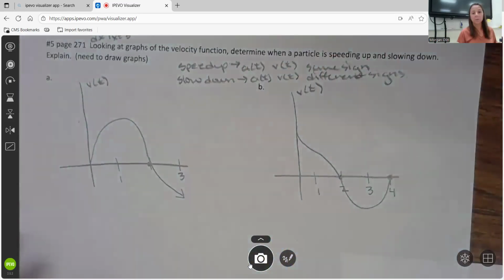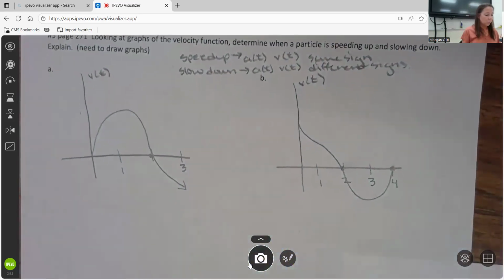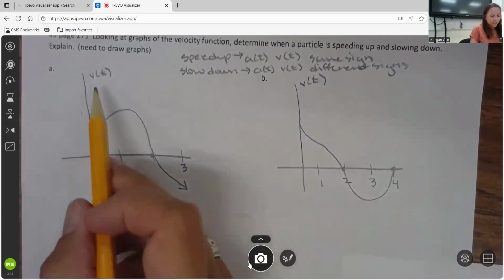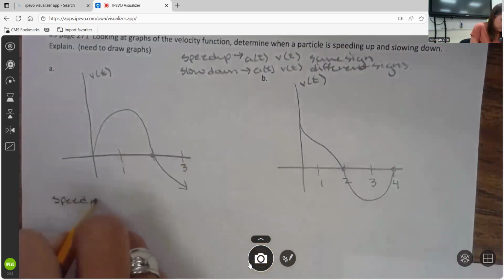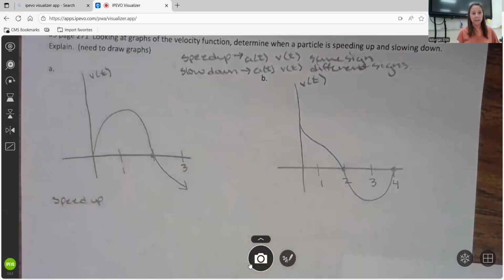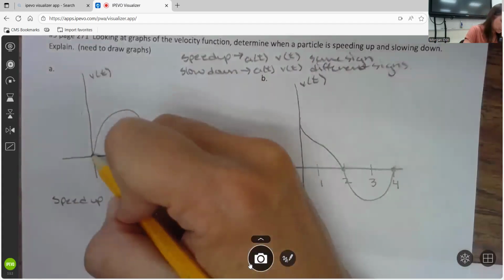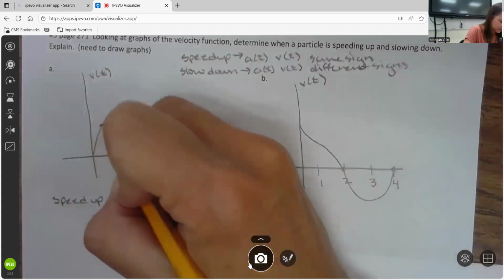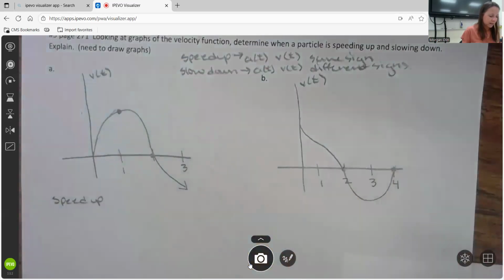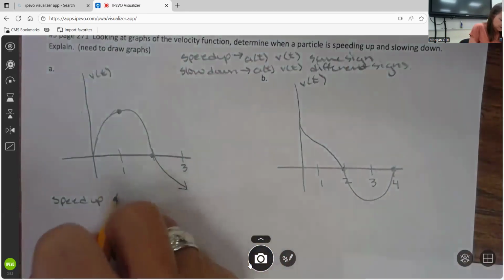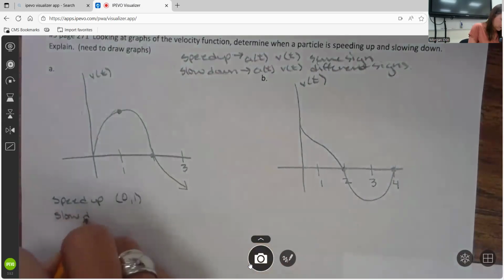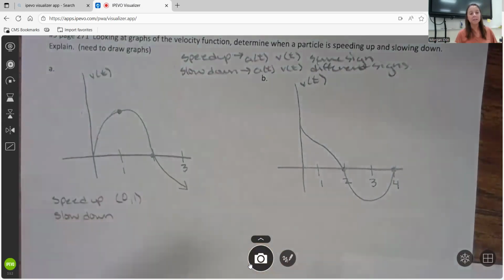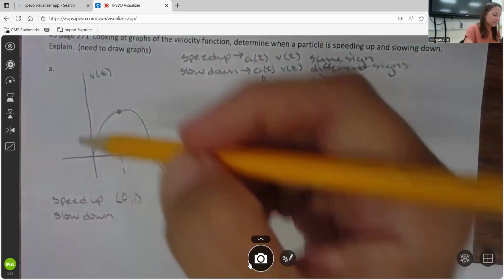Okay, so here we go. So for v of t, for speeding up on both of these, okay, so speed up. When is it positive and increasing? Okay, it looks like it's positive, that means above the x-axis, and increasing all the way to, we'll just say here, that's our max right there. So from 0 to 1. Okay, slowing down. Now, when it's positive and decreasing, so decreasing would mean our a of t is negative, all right?